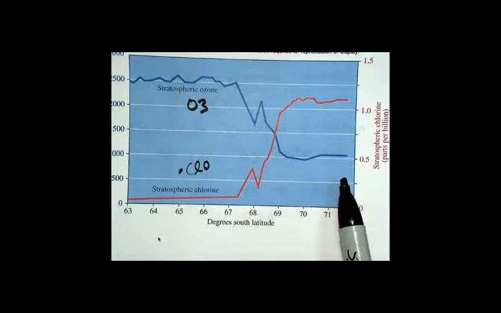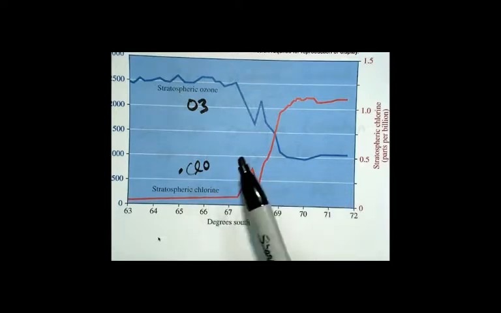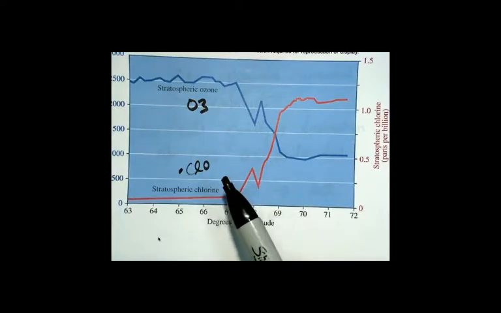So they had evidence that supported the theory that the chlorine could act as a catalyst to destroy the ozone, to convert the ozone to oxygen in the stratosphere. So it's sort of the smoking gun data here to show that there was a direct correlation between the concentration of the chlorine in the stratosphere and the concentration of the ozone in the stratosphere.